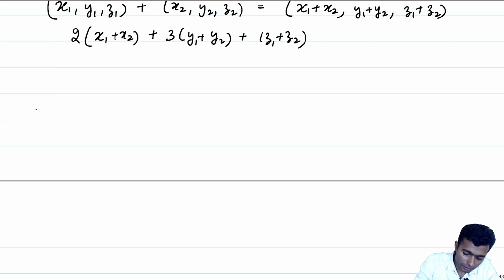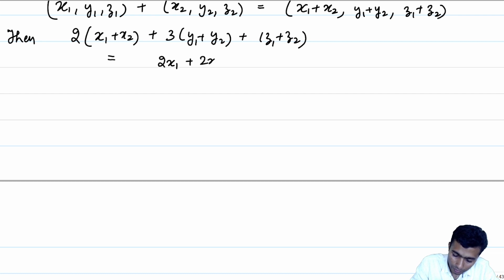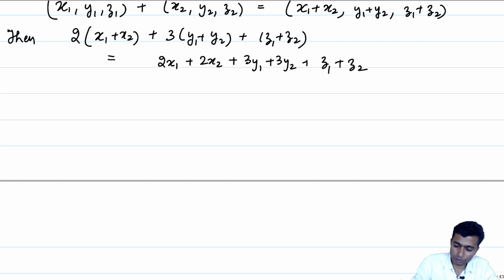Then this is what will happen. Then this is equal to, let's write it out, 2x1 plus 2x2 plus 3y1 plus 3y2 plus z1 plus z2. Notice that all these are scalars: 2x1 is a real number, 2x2 is a real number, 3y1 is a real number, 3y2 is a real number, and so on.